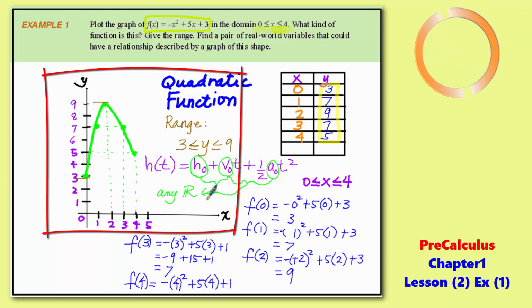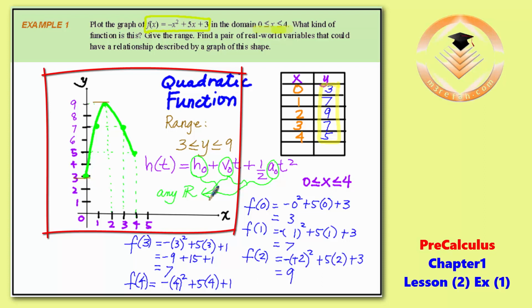Okay, so that explains this exercise here. We determined that at the domain of x in between 0 and 4, we have a range which is in between 3 and 9, and this function is a quadratic function because its exponent is raised to 2.